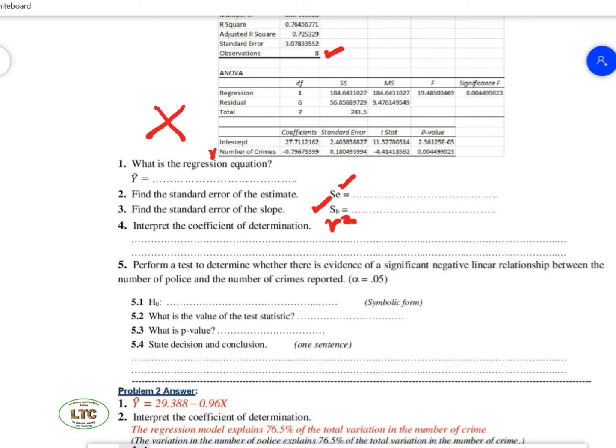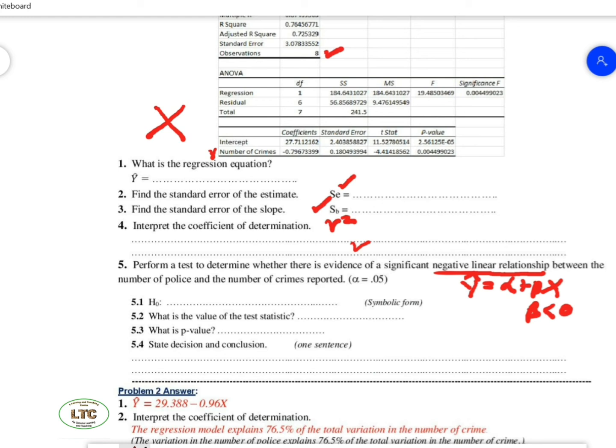And 5. Negative linear relationship. That is, in the equation for the population, y hat is alpha plus beta X, and beta will be negative. This is the meaning. If beta is negative, then if X increases, Y will decrease. If the number of police increases, the number of crimes will decrease.